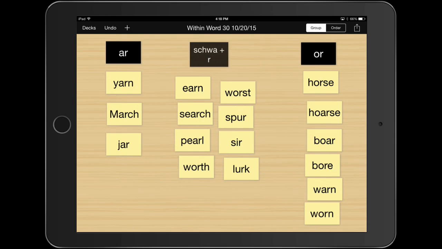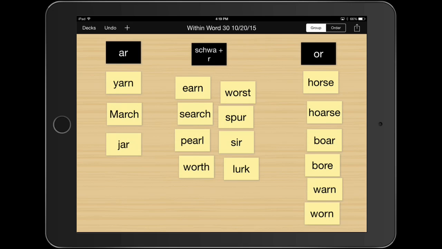Now let's take a look at this card, schwa plus R. What I'm going to do to make this group a little bit easier for you is to create an additional card, and that is going to be ER, because we want to focus on sounds this week. So schwa plus R is probably going to be a little confusing. Really all a schwa sound means is an unaccented sound.